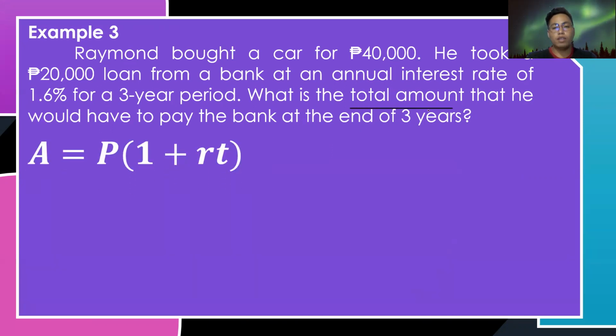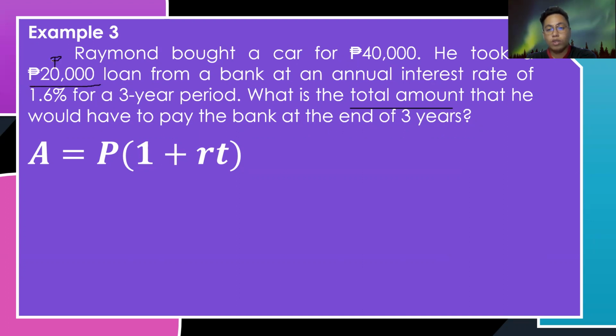Therefore, we can use the derived formula of interest and acquired money, A is equal to P times the quantity of 1 plus RT. Our principal amount is not the 40,000 pesos because that's how much Raymond bought the car for, but this is the principal amount of the loan. That's 20,000 pesos.